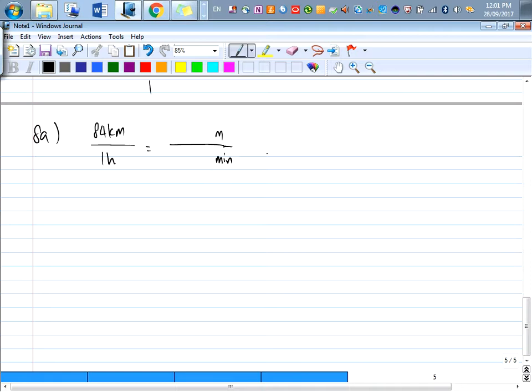Okay, so kilometers to meters will be 84000. 1 hour to minutes will be 60. This gives me 1400 meters in 1 minute. So therefore, the answer is 1400 meters. That's the amount that's traveled in 1 minute.